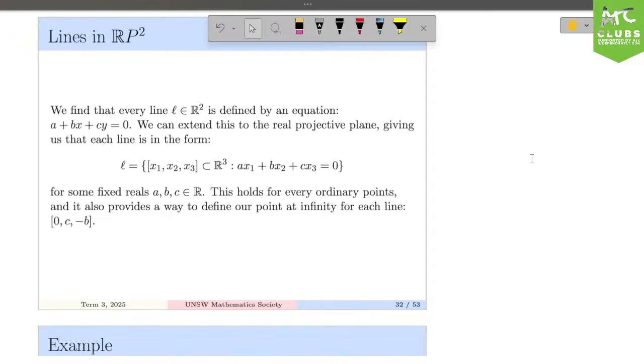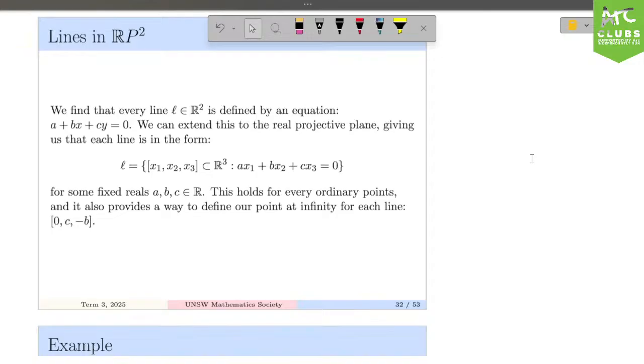And because we're representing ordinary points as 1, x, y, but with scaling, we can just multiply the first coordinate by x0 and replace this with a x0 plus b x1 plus c x2 is equal to 0. And this is how we define a line in the projective plane.